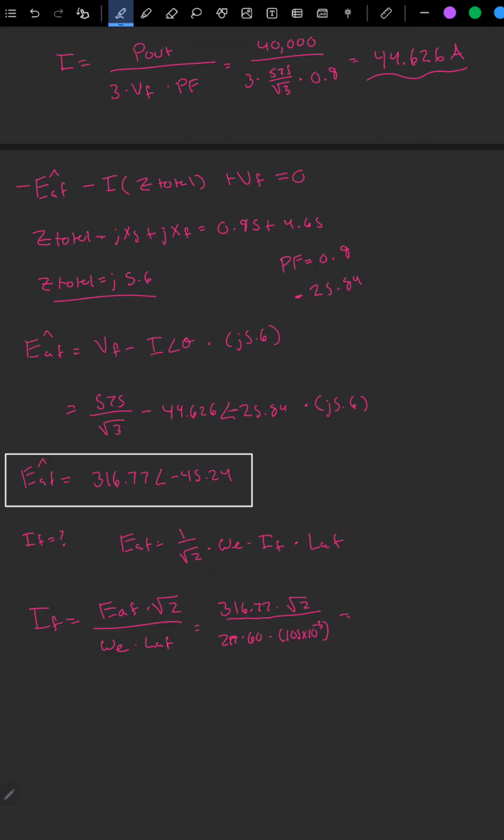LAF still hasn't changed, and the frequency still hasn't changed, so we're using them from the previous problem. So our IF is going to give us 11.32 amps.